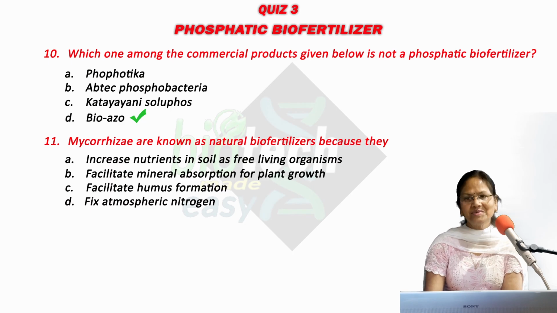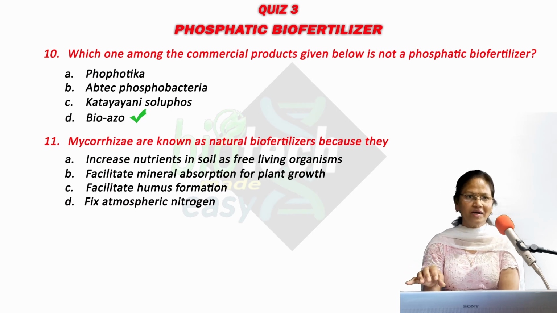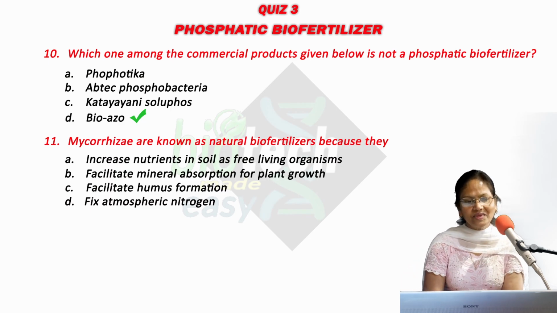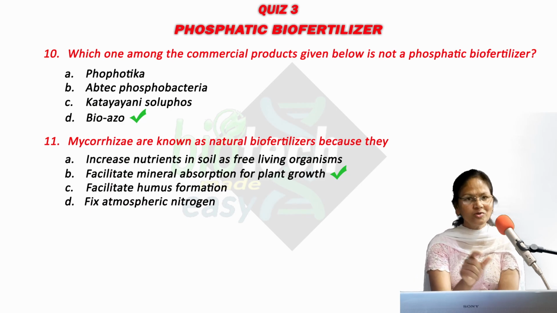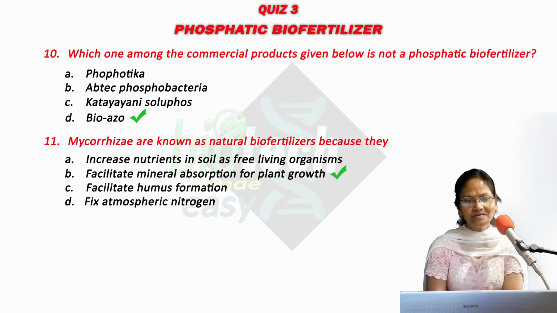Now, here I must tell you that mycorrhiza is a symbiotic association between fungi and the roots of the higher plant. So, here first we see the answer. Increase nutrients in soil as free living organism: it increases the nutrients, but it is not a free living organism. I just told you that this is a symbiotic association.